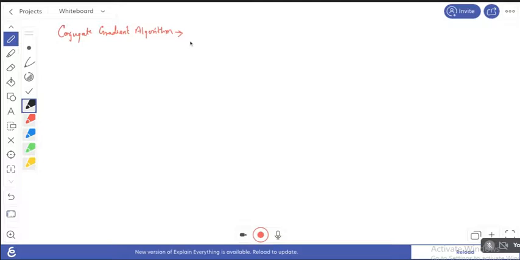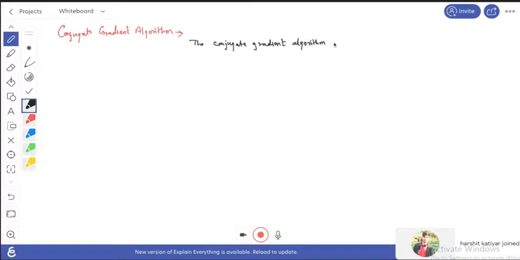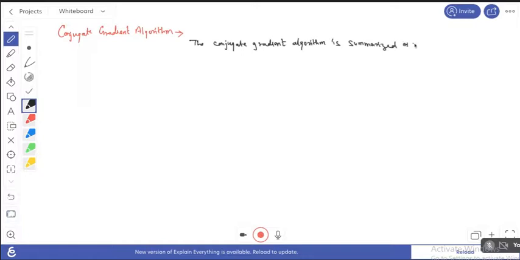In this algorithm, the conjugate gradient algorithm is summarized as follows. The first step is we set k, the initial iteration, to 0, and select the initial point, which is x0.